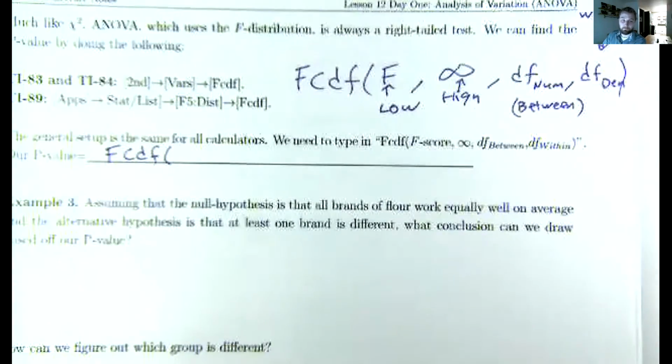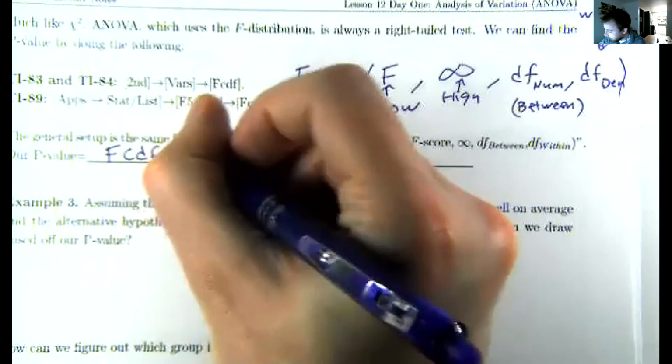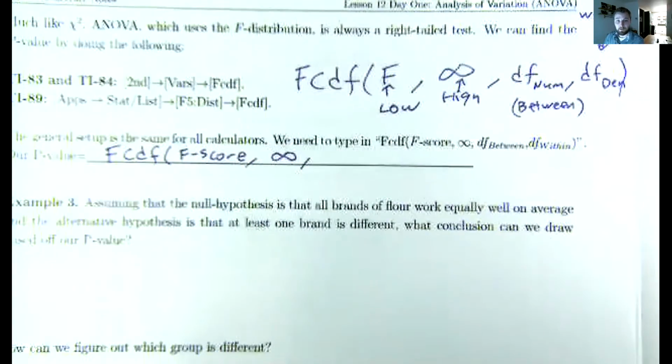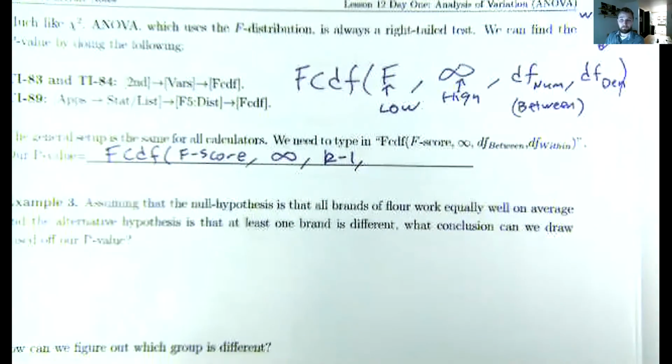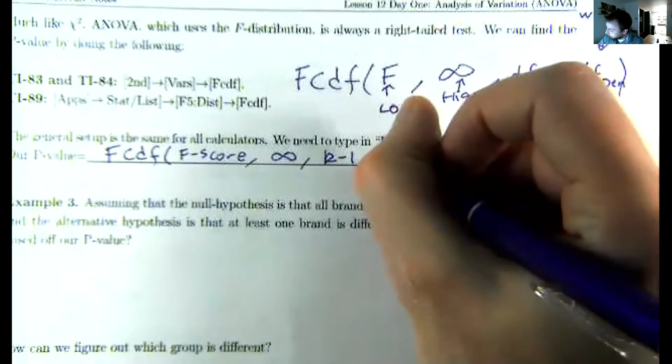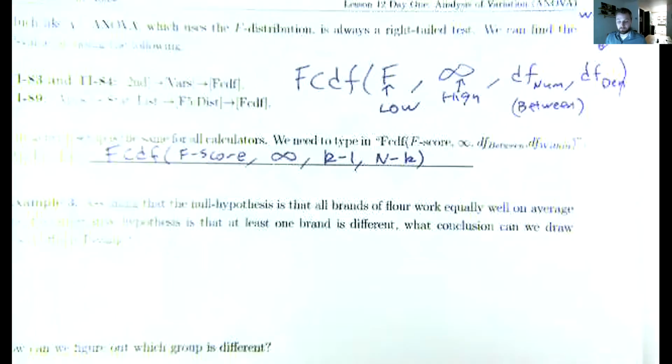Our p-value is FCDF. Our F-score that we get by doing our division, comma, infinity, comma, our degree of freedom between the groups was the number of groups minus 1, k minus 1. And the degree of freedom for the second was the total number of terms minus the groups.